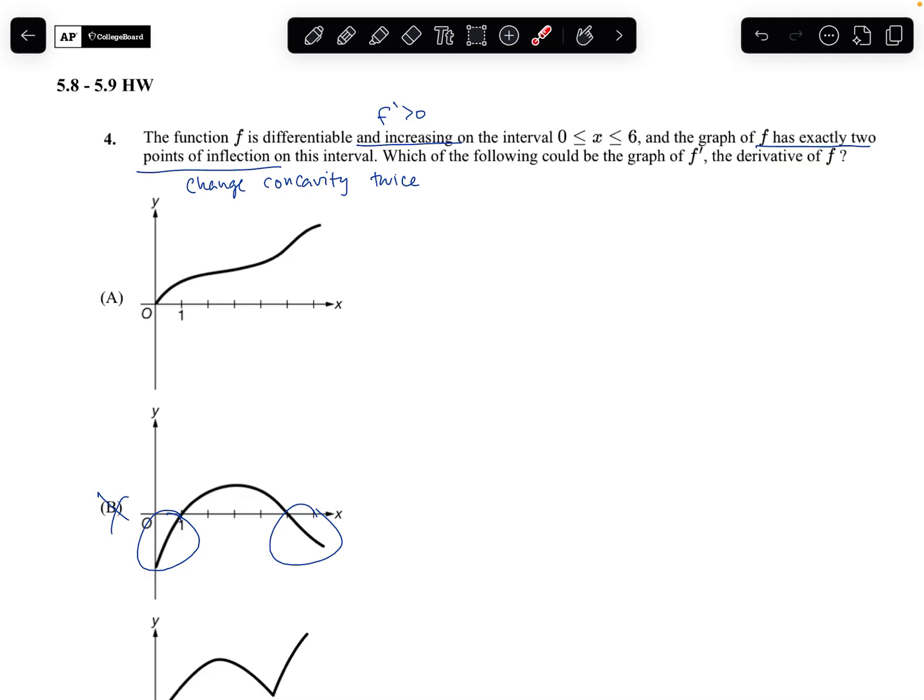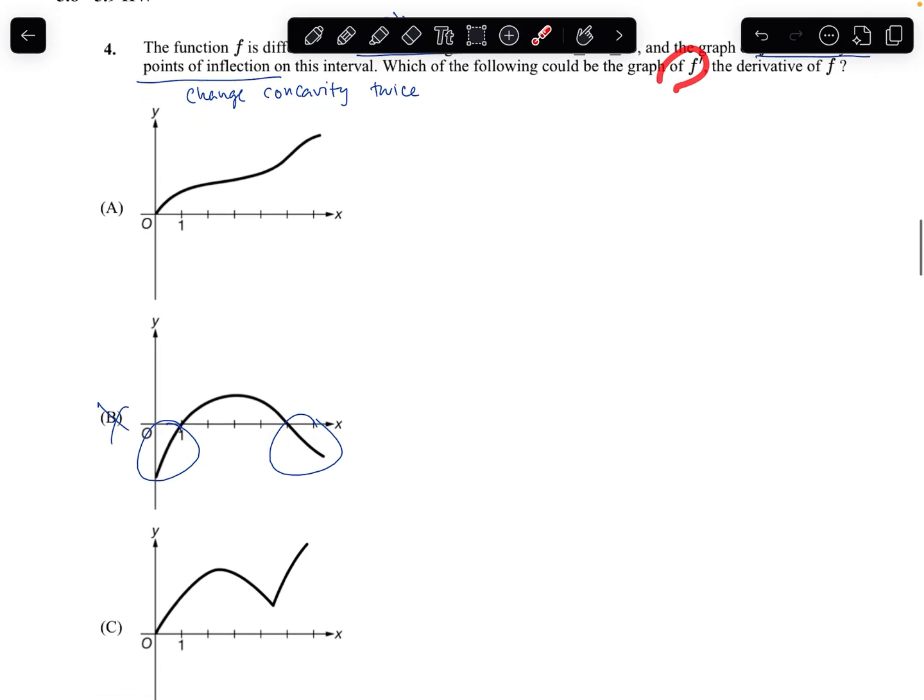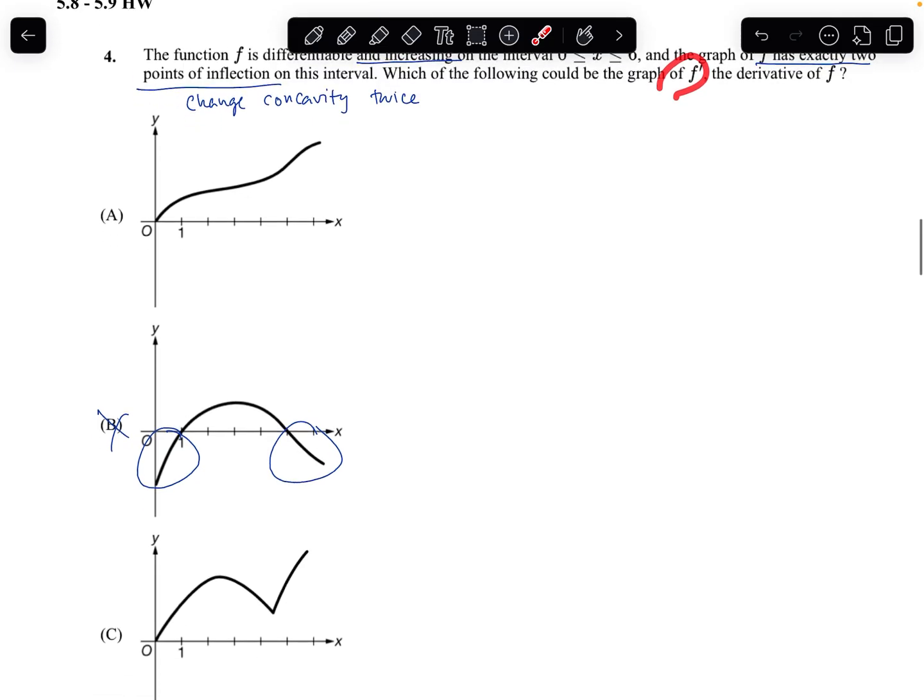It has exactly 2 points of inflection: concave down, concave up, concave down. And f is, oh wait a minute. f is differentiable and increasing. Sorry, I'm getting mixed up with my graphs already. I was thinking that this could be f, but we're talking about f prime. But I guess technically A could still be it.